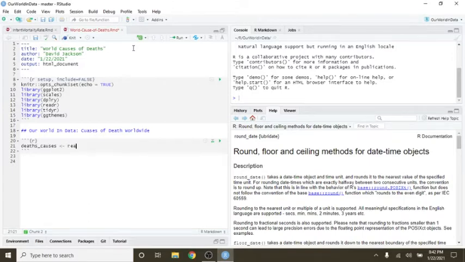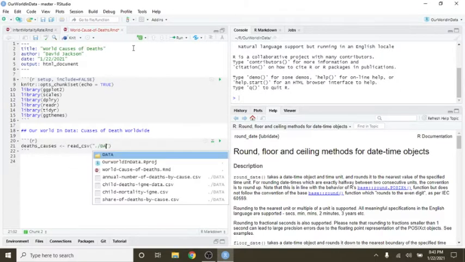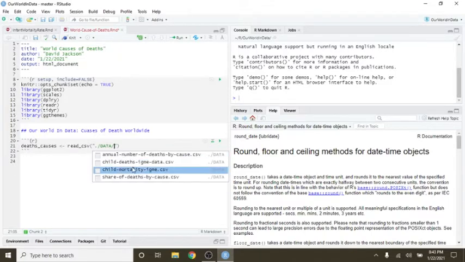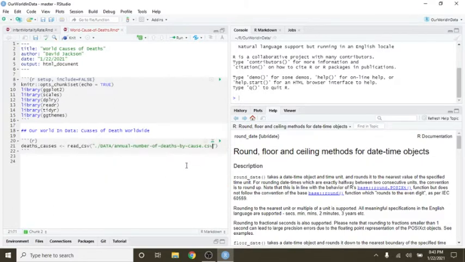Okay, so we can do this. Underscore CSV.